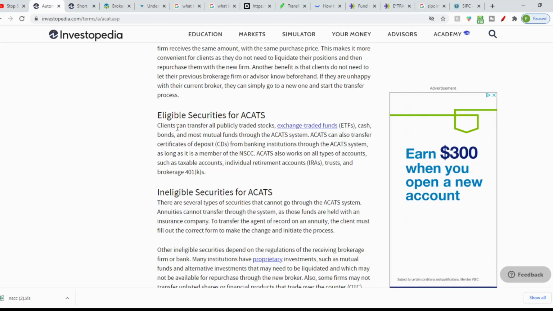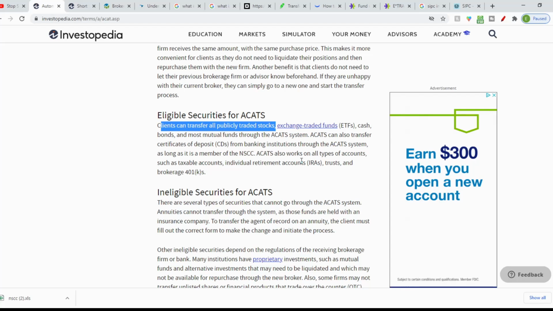ACATs. Okay, clients can transfer publicly traded stocks, exchange traded funds, ETFs, cash, bonds, and mutual funds. Now, every company that you transfer to has to allow trading on their platform for the stock.